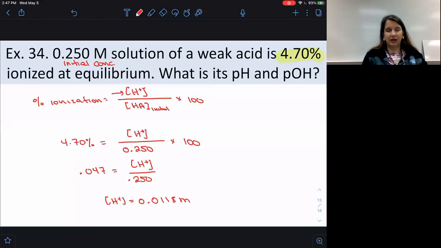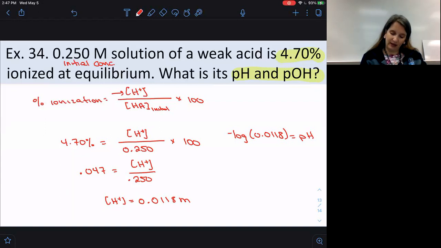So then once I get my hydrogen ion concentration, in order to find my pH and pOH, I can first take a negative log of 0.0118. And because this is a weak acid, this is going to give me my pH because that's hydrogen ion concentration.